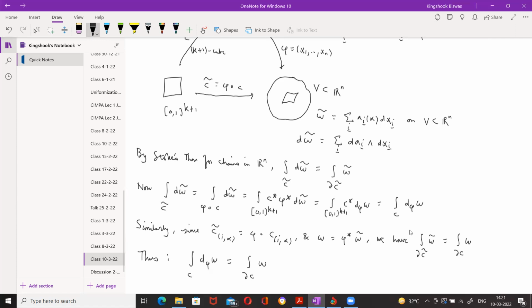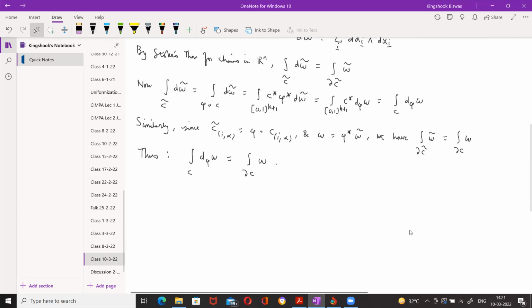So this is for all singular k plus 1 cubes C such that the image of C is contained inside U. All right.